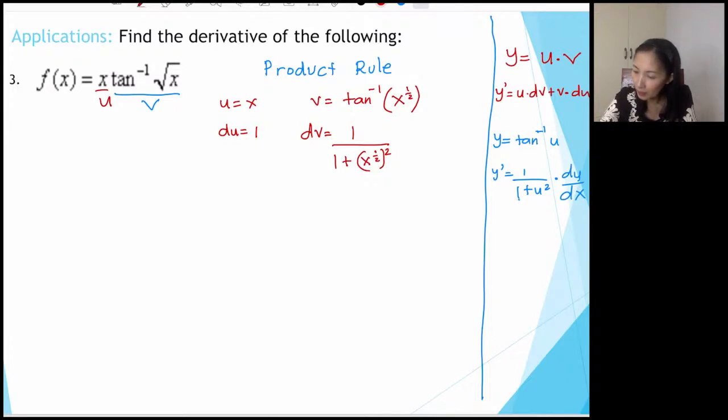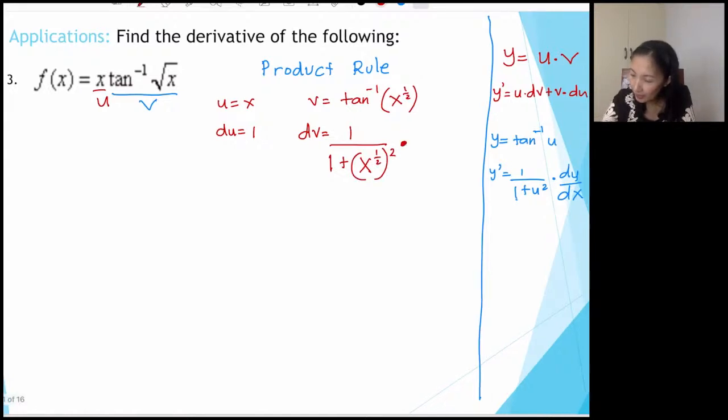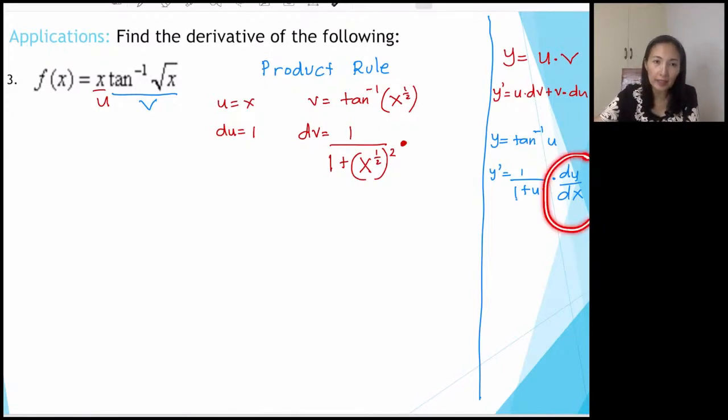Let me make it bigger so you could see it clearly. 1 plus x raised to 1/2 raised to 2 times the derivative of the argument, du over dx.